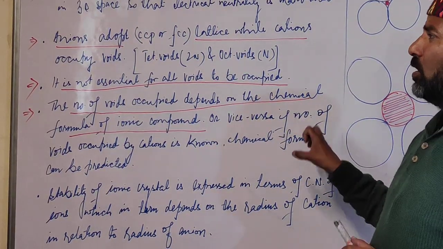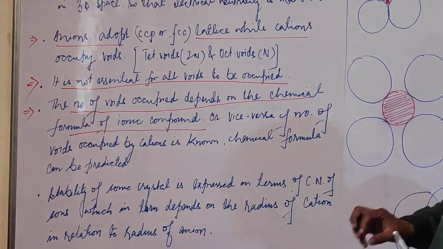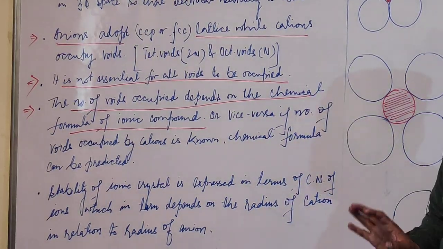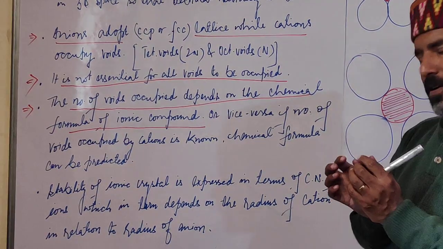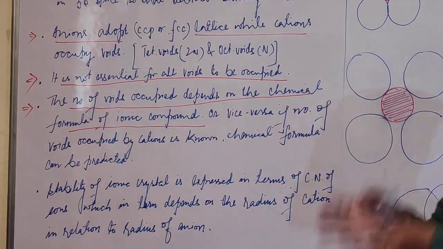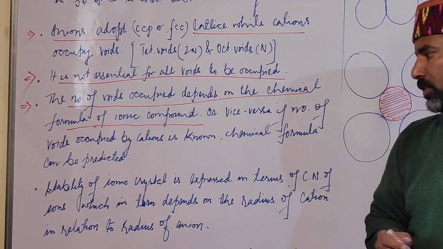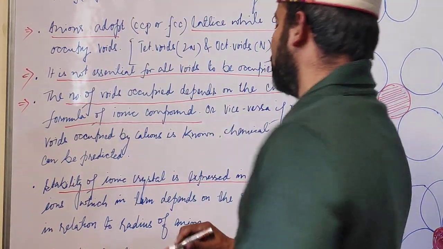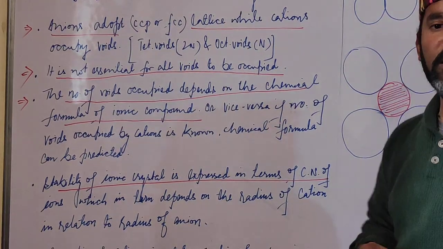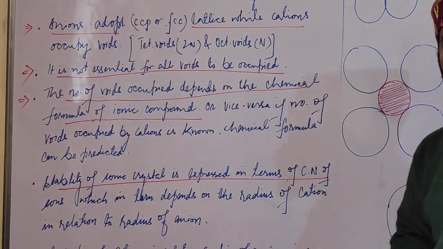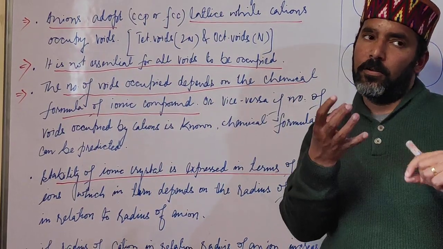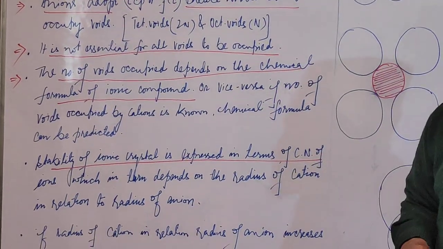So students, now the next point about ionic crystals is that the stability of an ionic crystal depends on the coordination number of the ion. So the stability of an ionic crystal is expressed in terms of coordination number, and the coordination number of ions in turn depends on the radius of the cation relative to that of the anion.